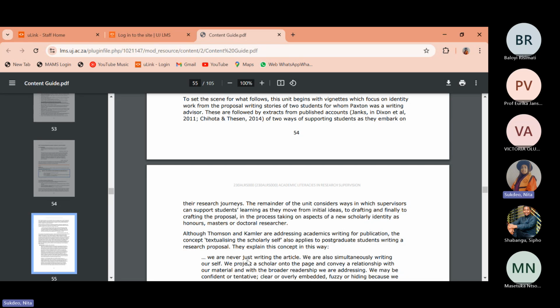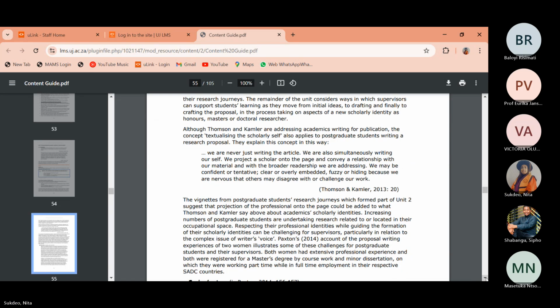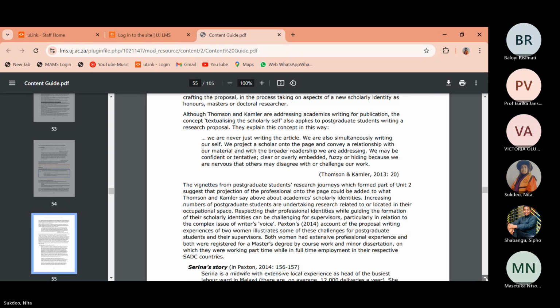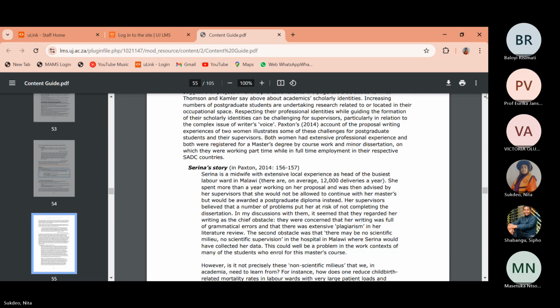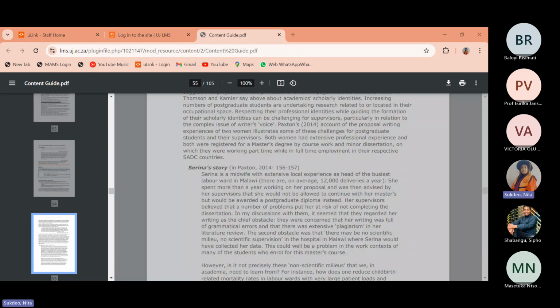And what do you think is the most challenging part of, or what your students experience as the most challenging part of proposal writing? Anyone? I'm not seeing any hands up. Anyone wants to share their story? How do you guide your students when you're starting off this entire process?